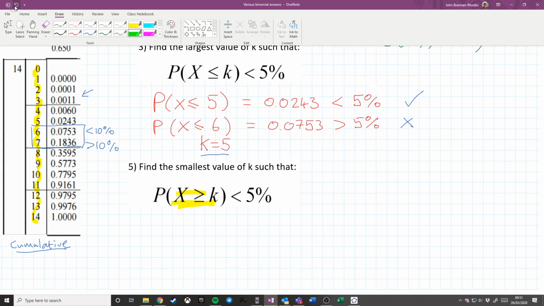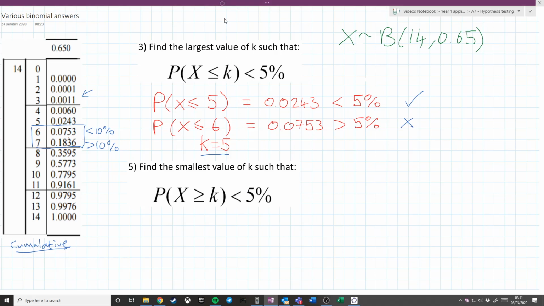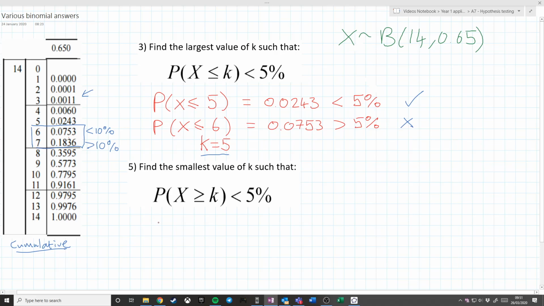That's what I want you to bear in mind as we do this. So, what have we got? Well, the problem is that we want greater thans, and we've got less thans. The cumulative function on the calculator and on here is all less thans, and we want greater than.